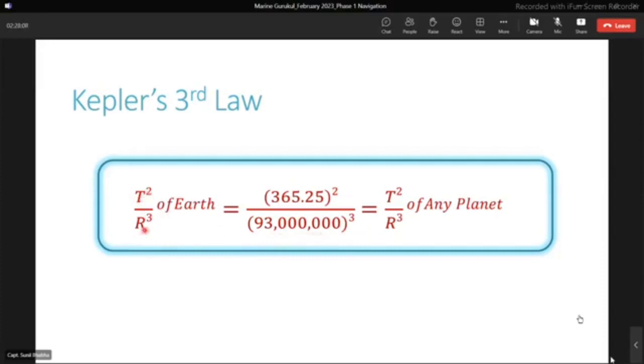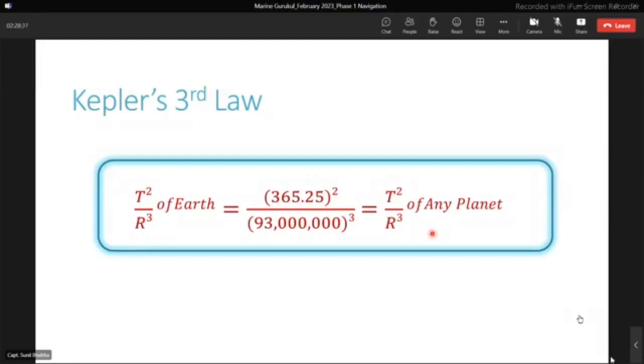So T square upon r cube of Earth converts to 365.25 square divided by (93 into 10 raised to power 6) cube. This being constant for each and every planet should be equal to T square by r cube of any of the planets of the solar system.